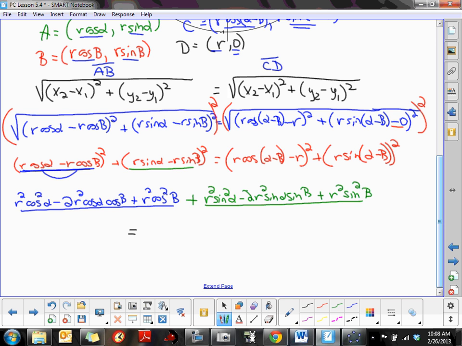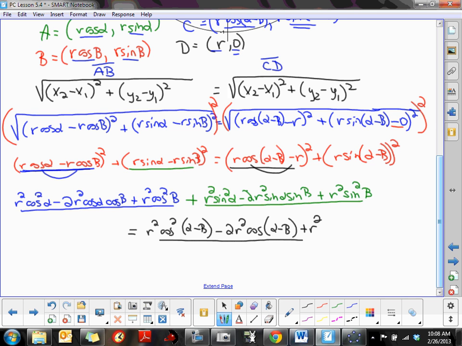Now I'm going to be squaring this binomial. When I square that, it's going to be r squared cosine squared of alpha minus beta. Then we do the outside inside, so minus 2 r squared cosine of alpha minus beta. Then plus r squared.